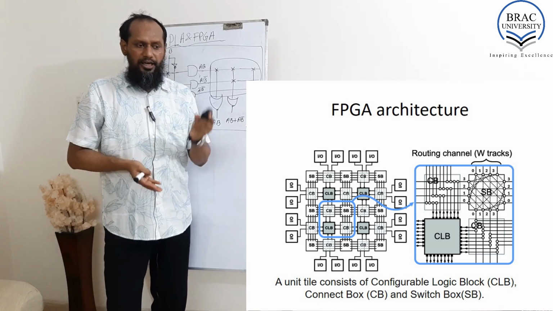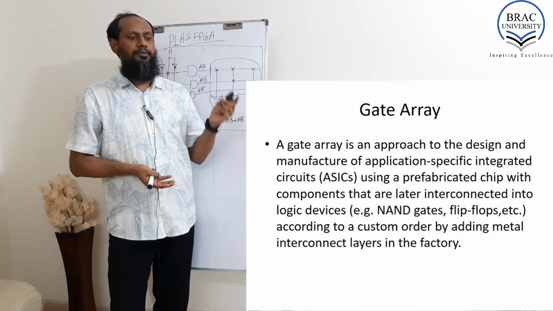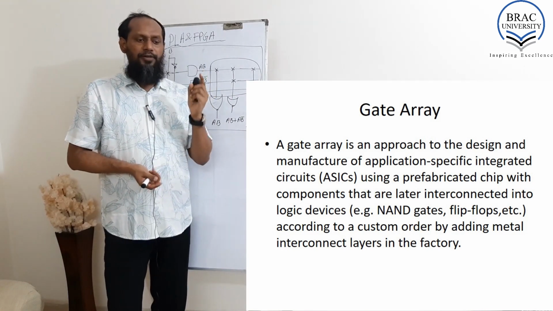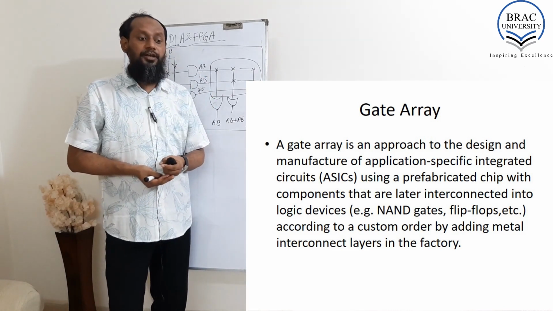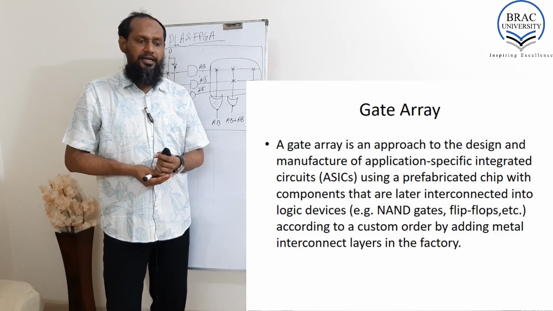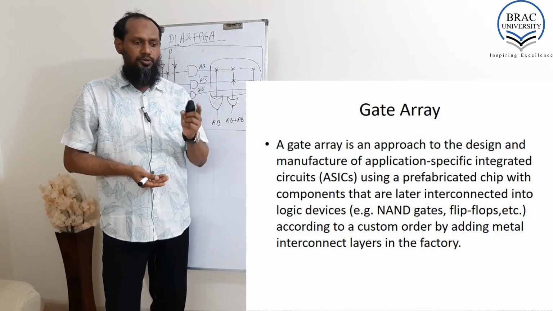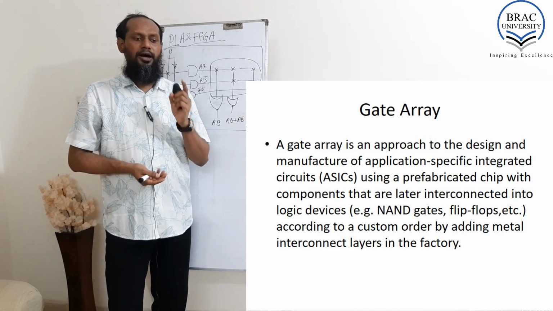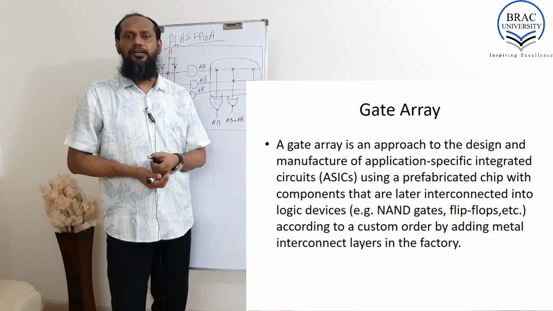So for gate array, again, a gate array is an approach to the design and manufacture of application-specific integrated circuit using a prefabricated chip with components that are later interconnected into logic device according to a custom order by adding metal interconnected layer in the factory.